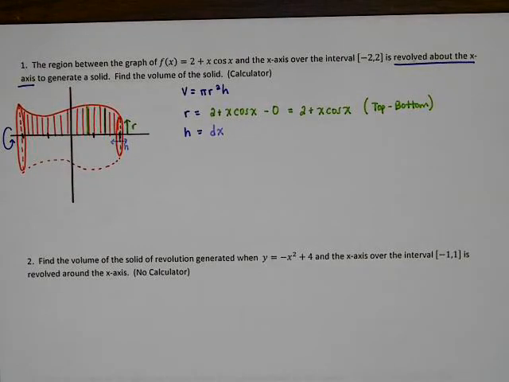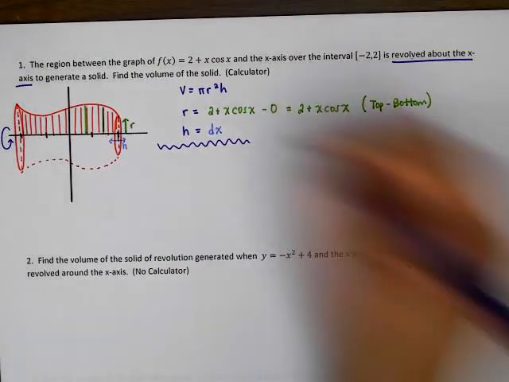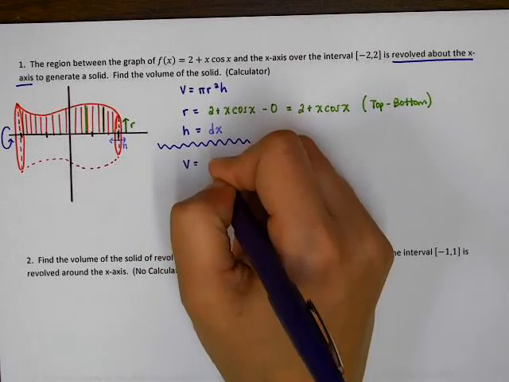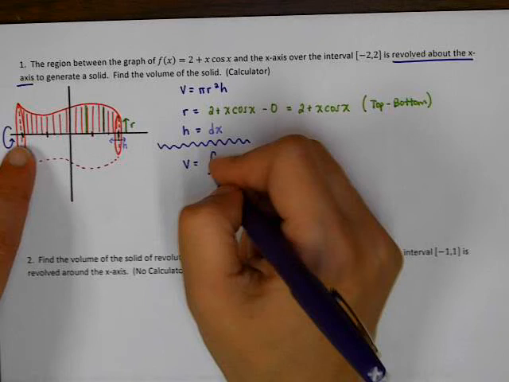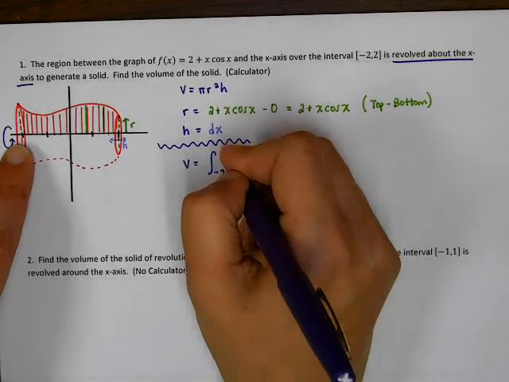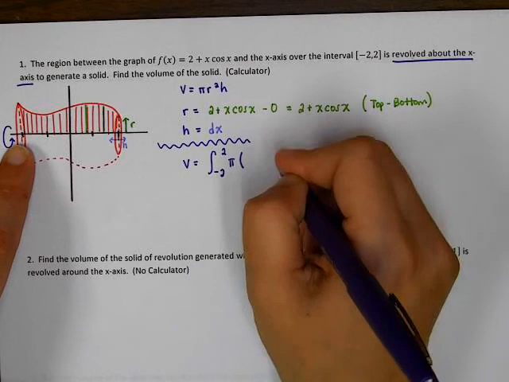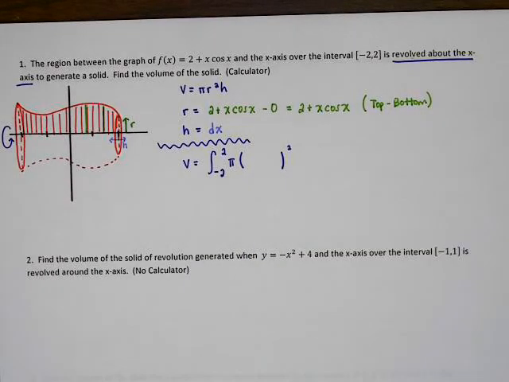So finally, I would set up my volume. This is kind of the before you do the work part, do this part. So my volume of my cylinder would be the integral starting from -2 and ending at +2 of pi times r squared times my dx.